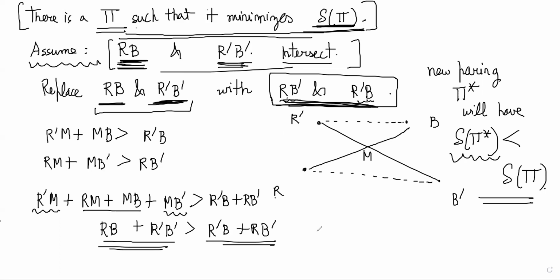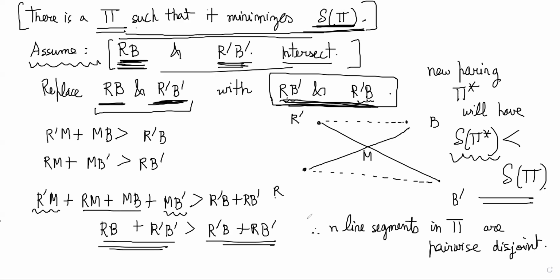So therefore we can say that the n line segments in pi are pairwise disjoint. So we are able to find a set of n line segments in pi where all the red and blue points are grouped together such that all the line segments are mutually disjoint, pairwise disjoint.